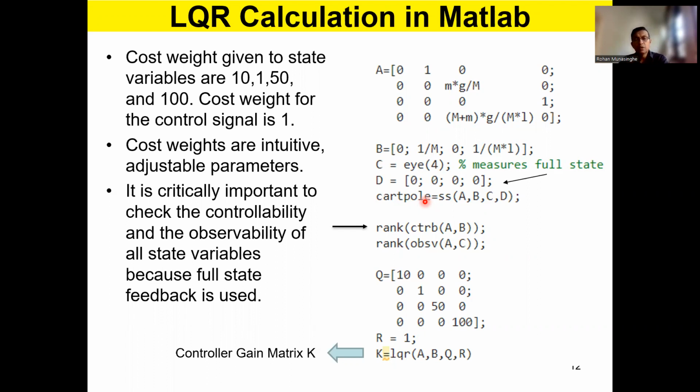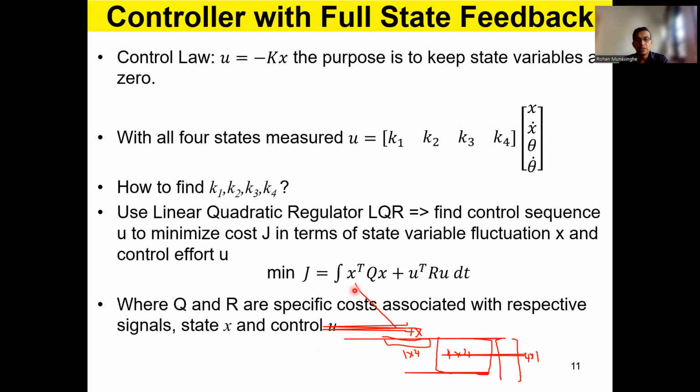So we have to assign, I will skip this part and come over here, the Q matrix and R matrix, because the linear quadratic regulator tries to minimize this cost function, which involves Q and R. You have to tell MATLAB how big is the cost of the state variables and how big a cost is the control signal.